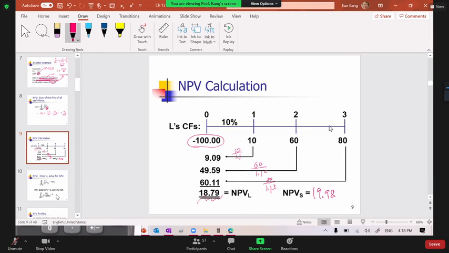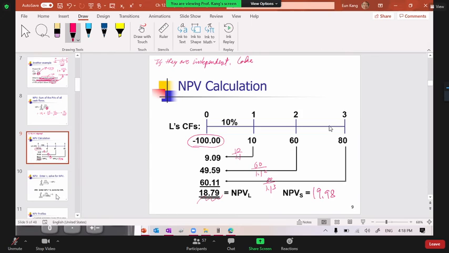So then what? For these two cases, we have to make sure that if the two projects are independent, then what?